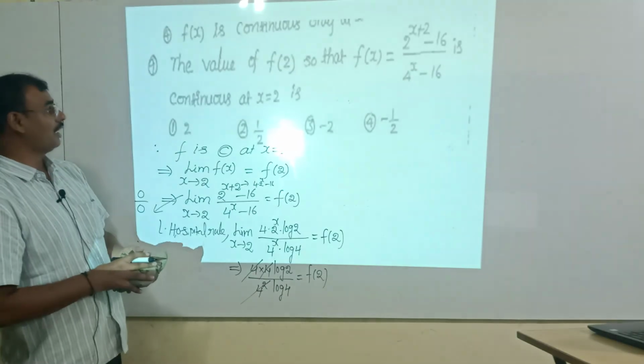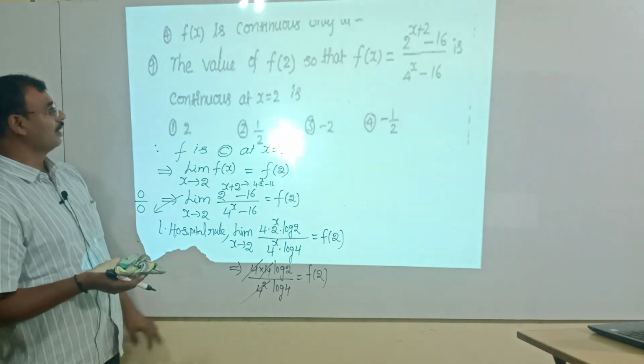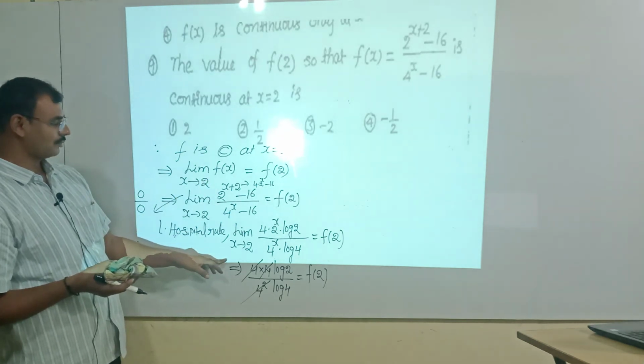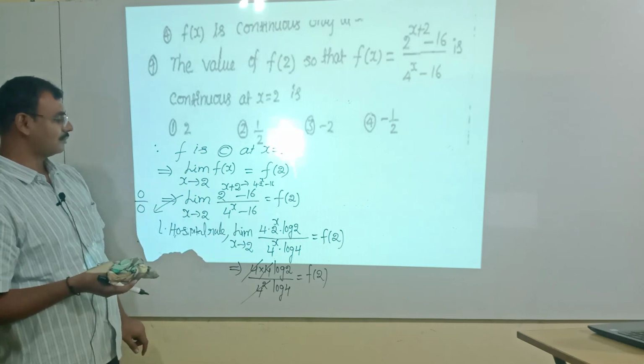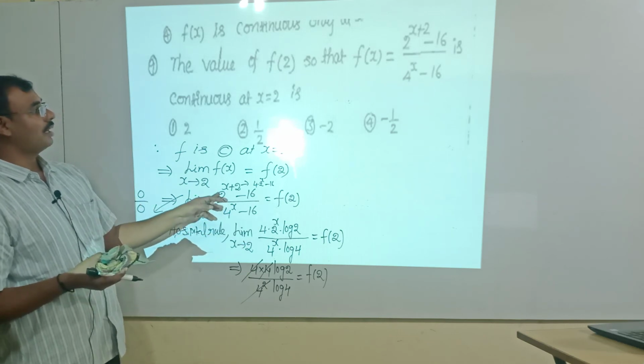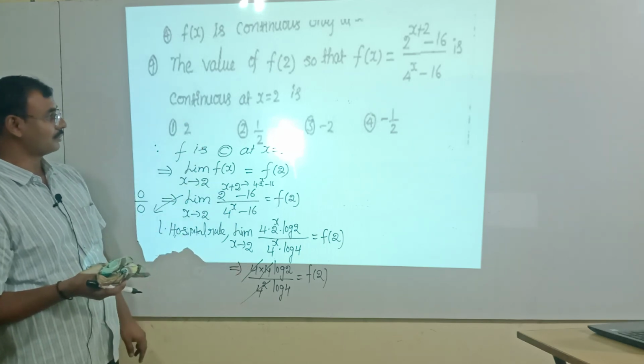What is the f of 2 value? Log 2 divided by log 4. The derivative of a raised to x is a raised to x into log e. So log 2 divided by log 4.